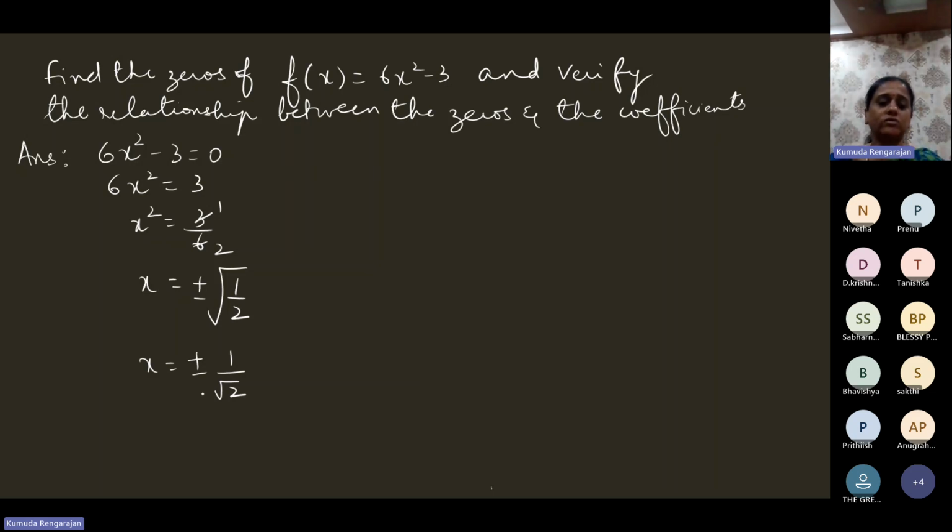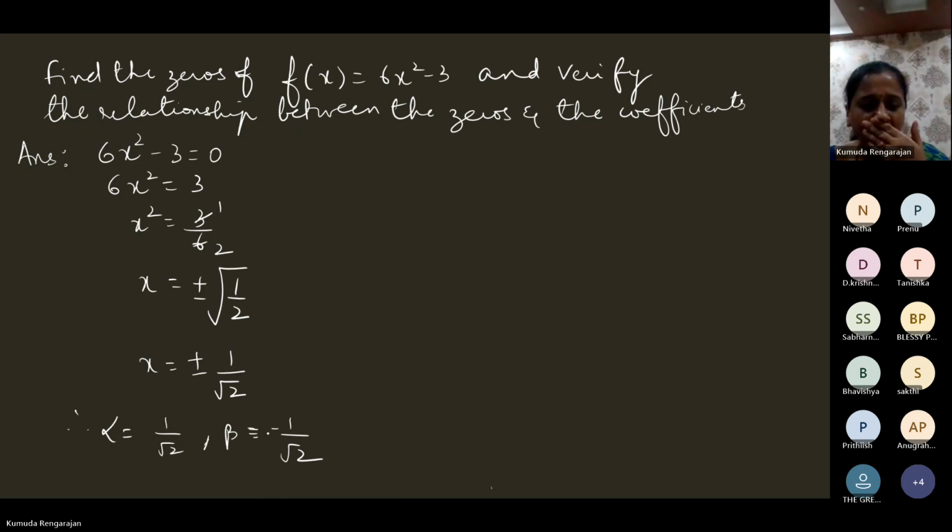Therefore, alpha is equal to 1 by root 2 and beta is equal to minus 1 by root 2.